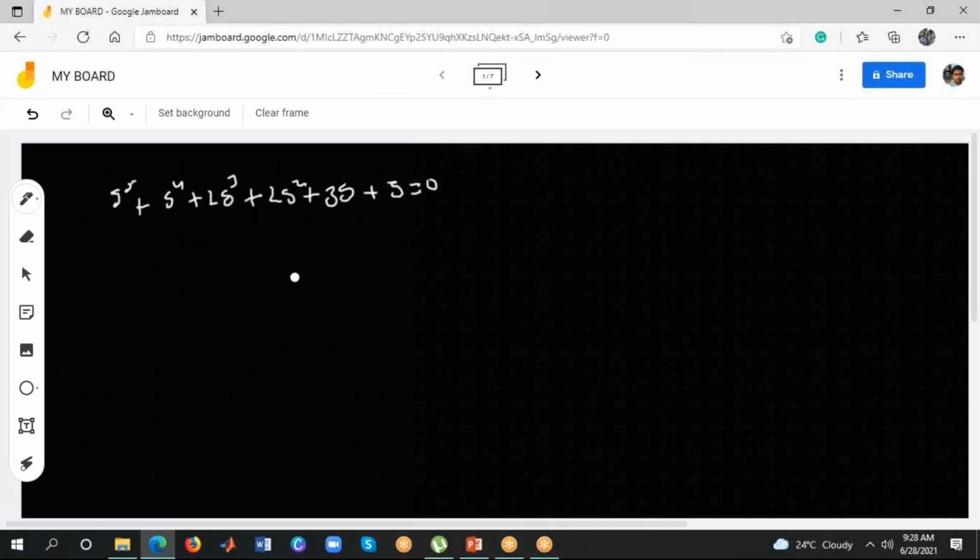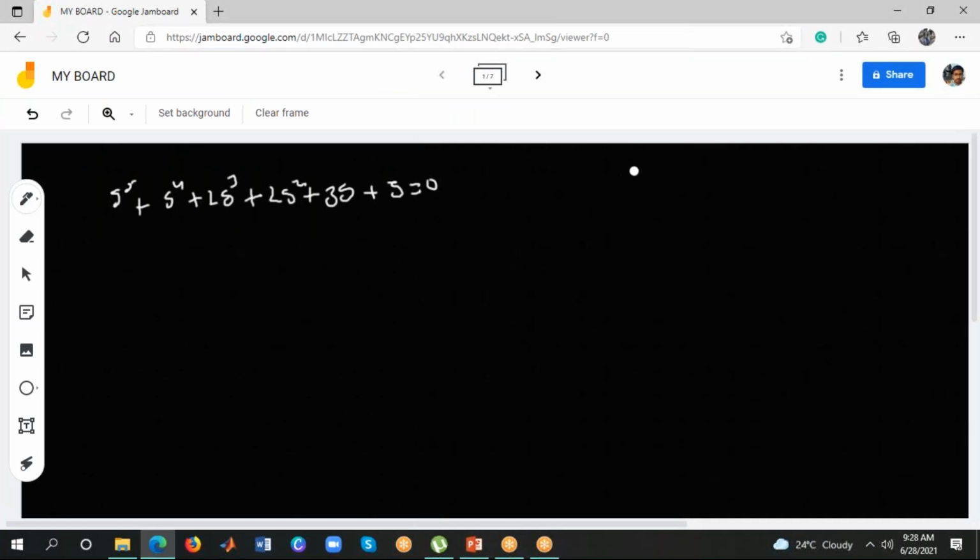First of all, it has 5 roots, and we need to construct the Routh array using this format: s power 5, s power 4, s cubed, s square, s power 1, and s power 0.